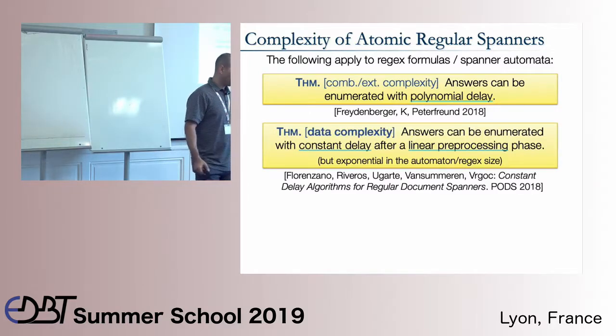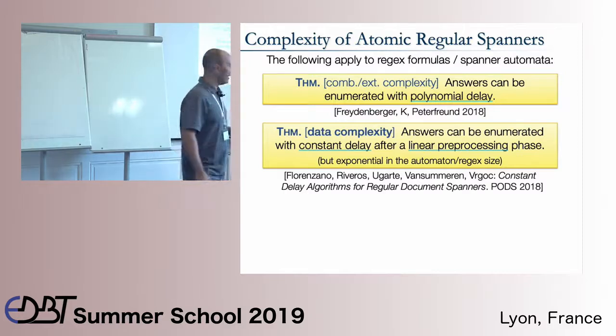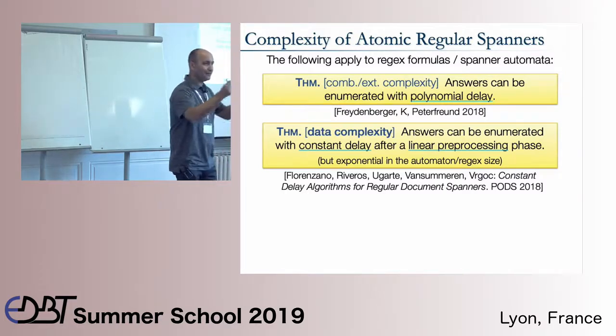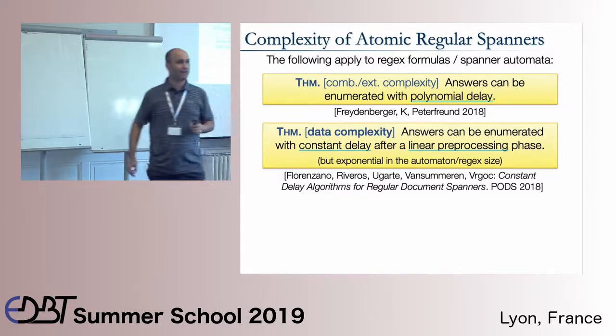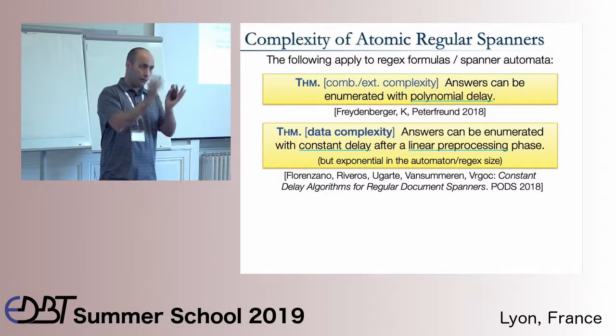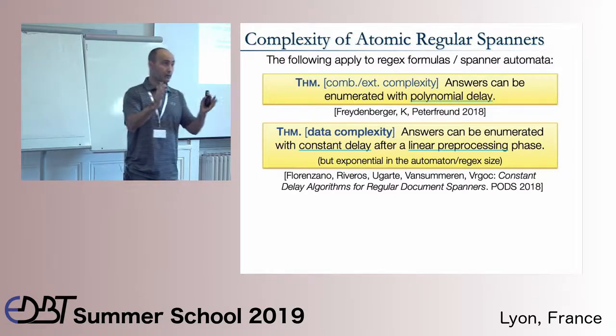Now, the team of the Chileans in collaboration with Stein, they show that if you look at data complexity, where you fix the spanner, the Regex formula or the automaton, then the execution time is actually constant delay.